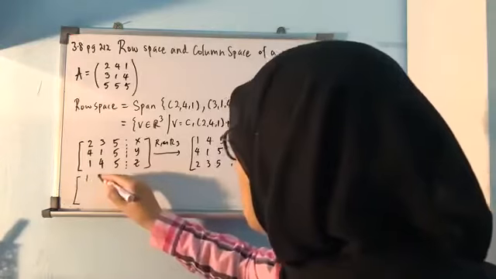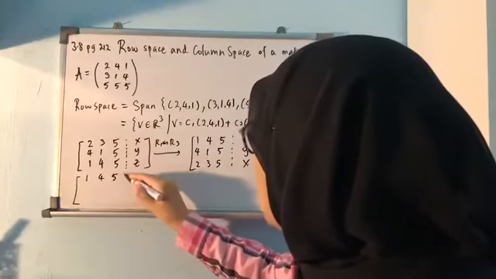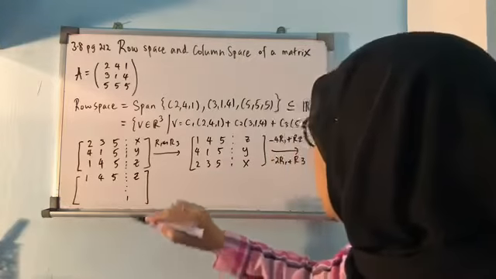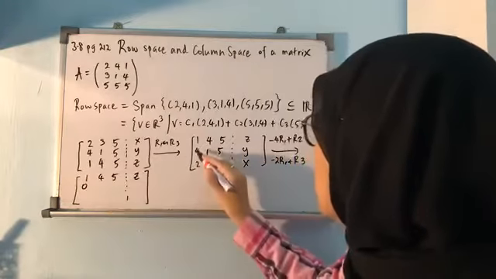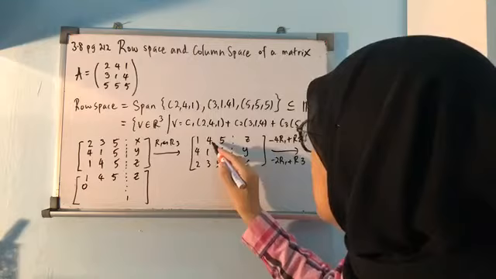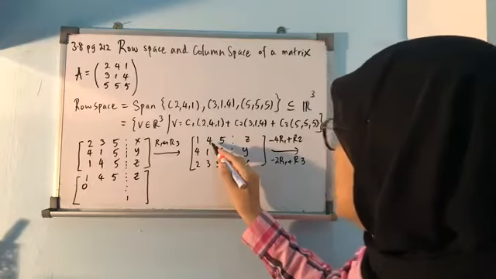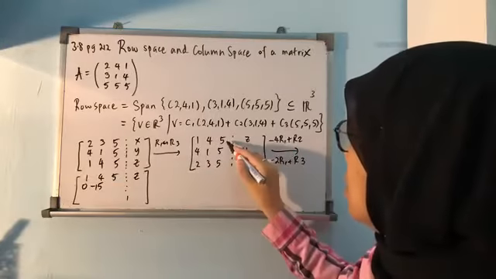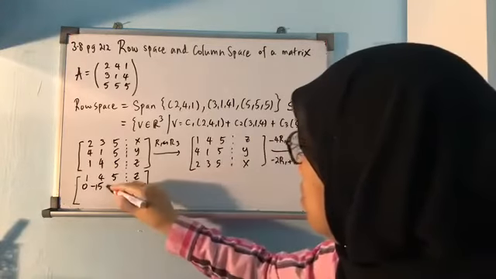Okay, so 1, 4, 5, Z. Okay, 0, negative 4 and add, negative 4, negative 16, negative 15, negative 20, negative 15.